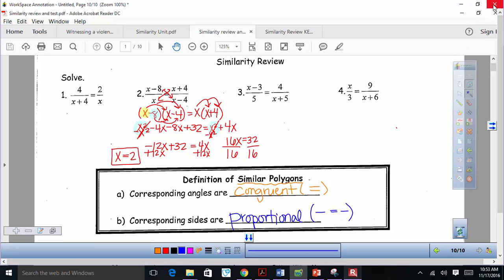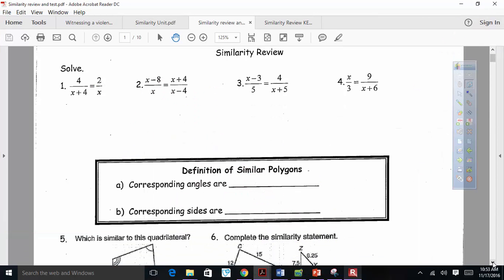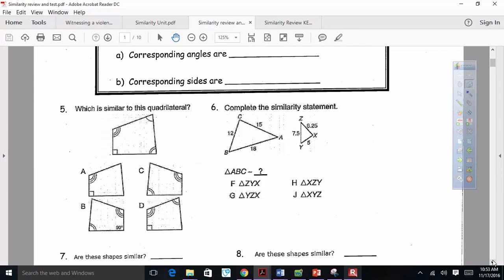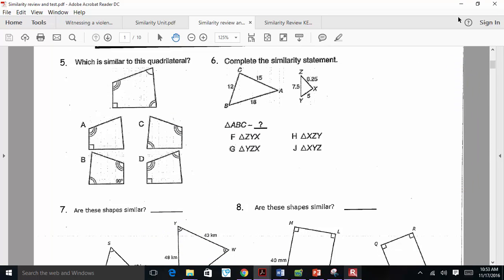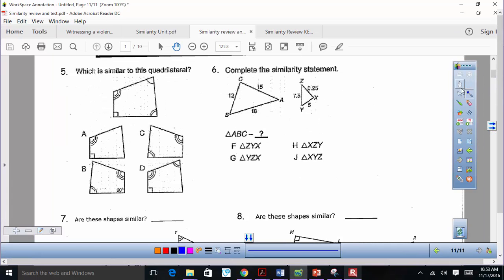Next, we're going to look at 5 and 6. Okay, so for these quadrilaterals to be similar, they have to have the same angles. So let's look at this angle here.